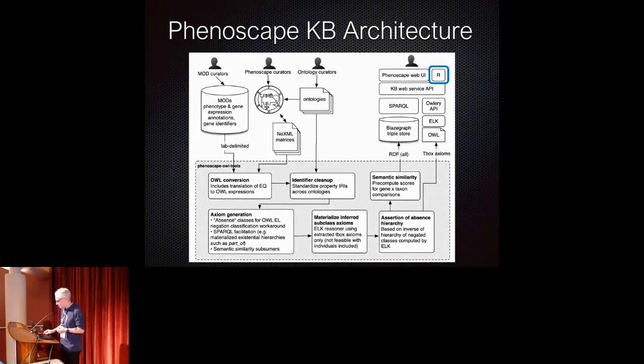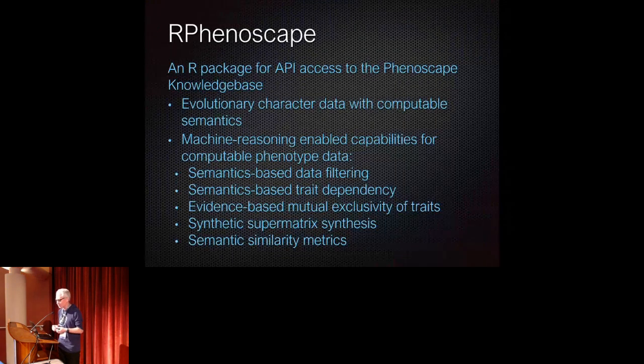I'm really going to focus the rest of this talk on this little square in the upper right-hand corner, which is the R tool that connects to the RPhenoscape KB web API. That's called RPhenoscape. RPhenoscape is an R package for API access to the RPhenoscape knowledge base, and particularly provides convenient access to the following things.